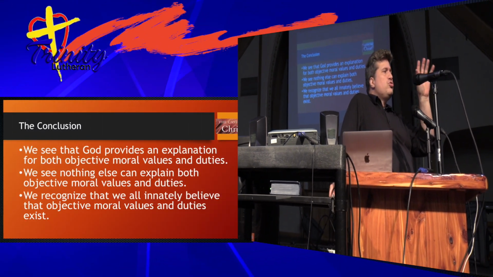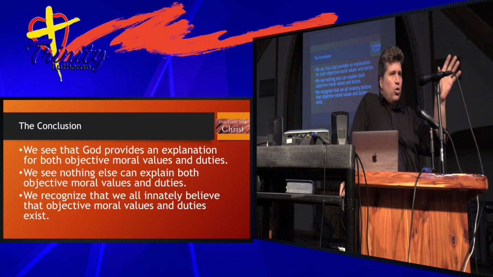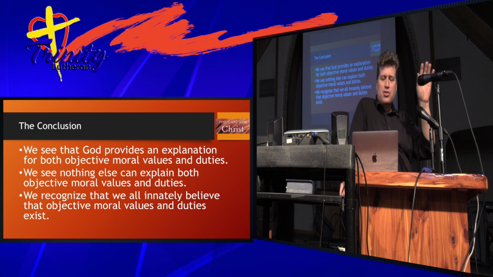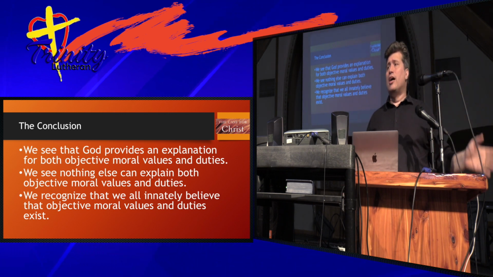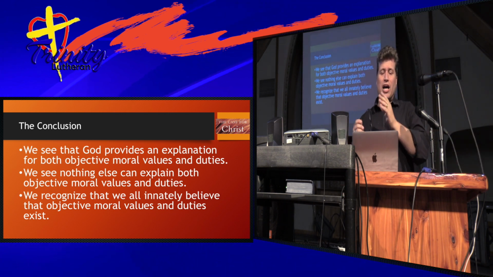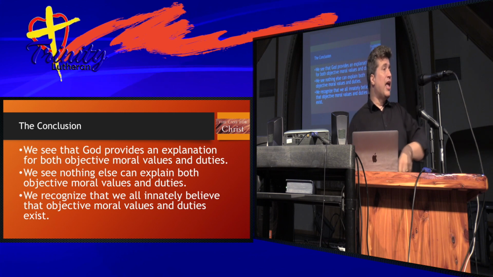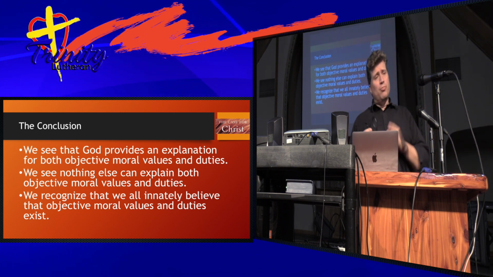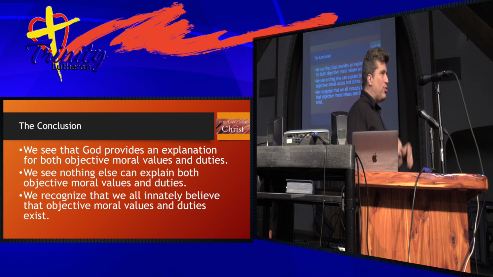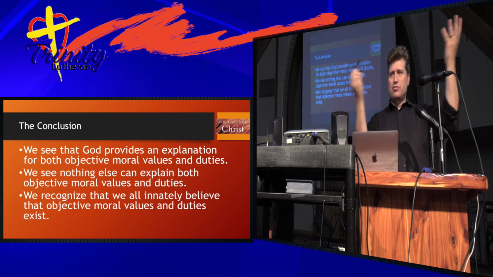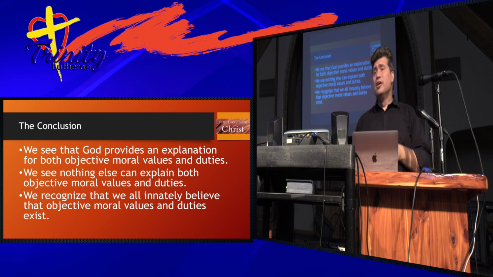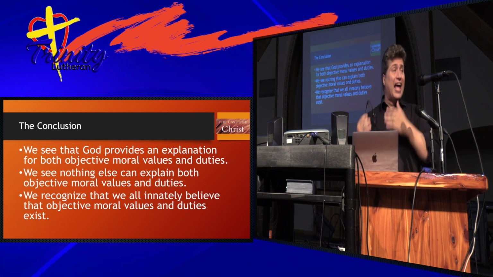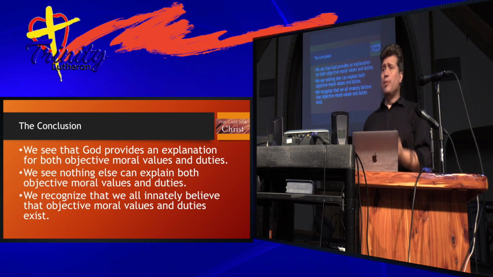So the conclusion from what we've seen from the moral argument, what have we seen from the evidence? We see that in God, we can explain both objective moral values and objective moral duties. We also see, and you kind of have to take my word for it because we don't have time to go through all the proposed arguments, and I have lumped them in a broad category, but generally speaking, we see that no other alternative theories are able to do that.